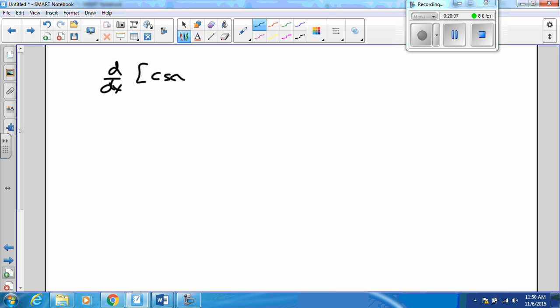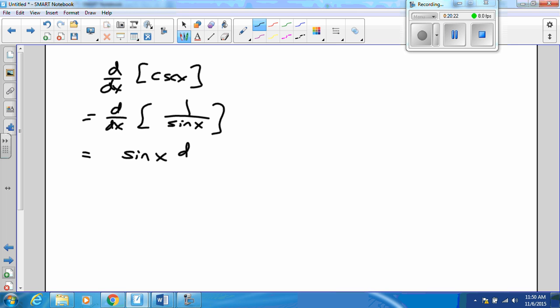our last one is going to be cosecant, and you know already how this is going to go. We're going to rewrite in terms of 1 over sine x and use the quotient rule. Definitely not the limit definition, Mr. Butler. Other Mr. Butler.